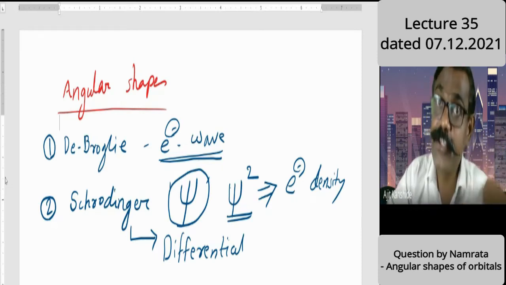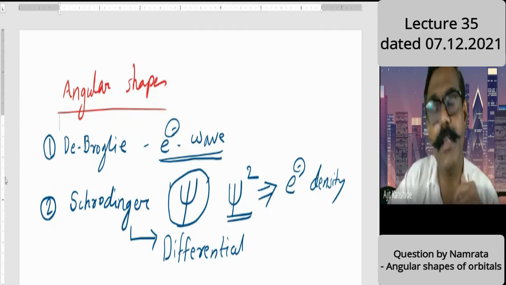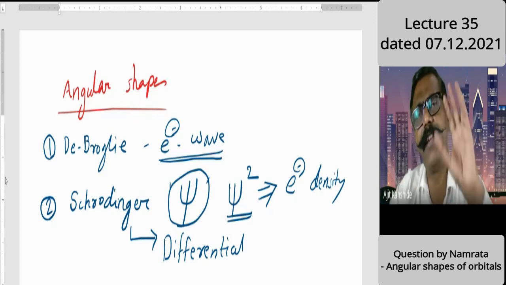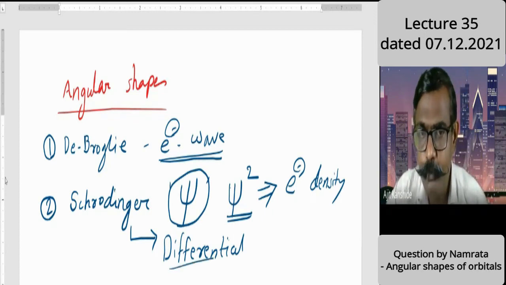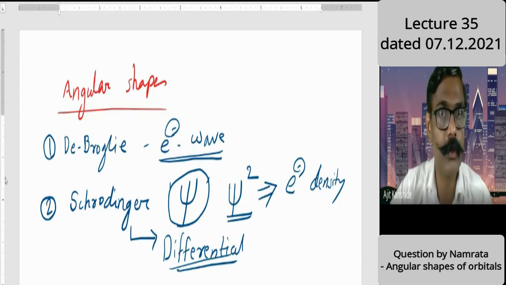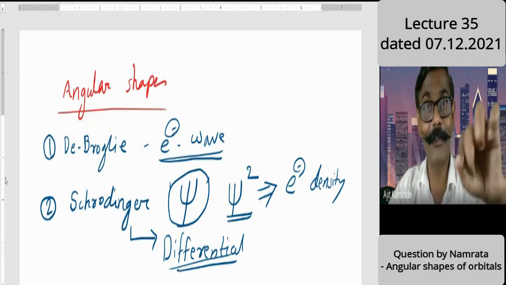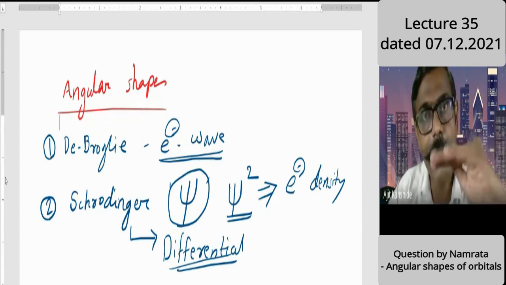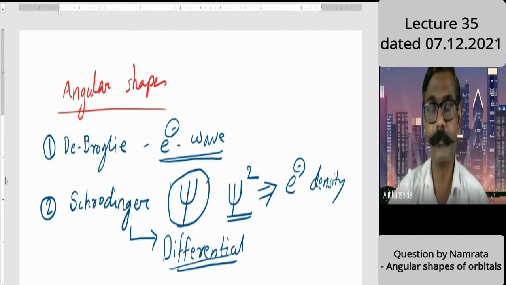But when differential terms, derivatives, come, then it is a differential equation, and various operators are there in a differential equation. I'm not going deep into that. Those who study mathematics do solve such differential equations, but not an equation of Schrodinger's level. At the beginning level you are studying differential calculus.